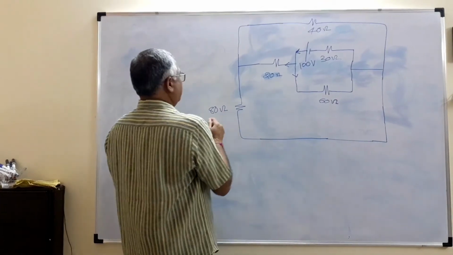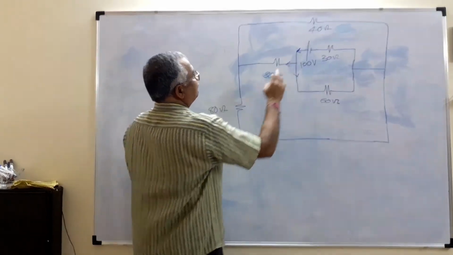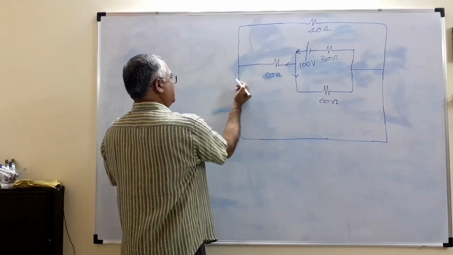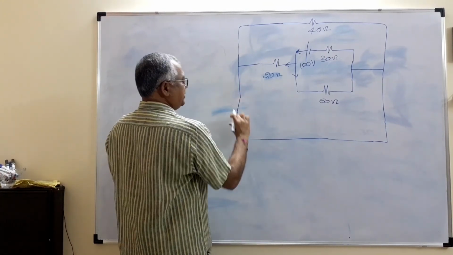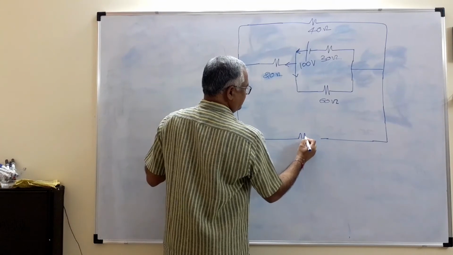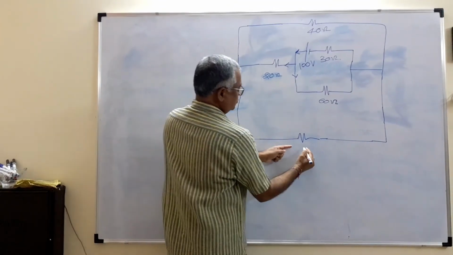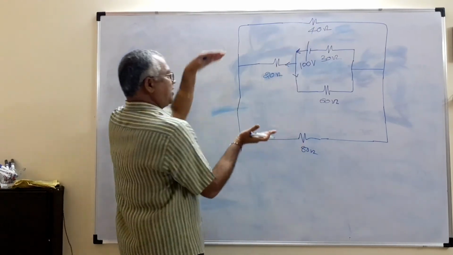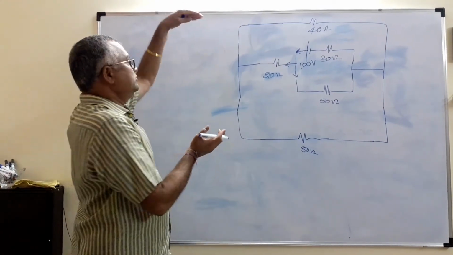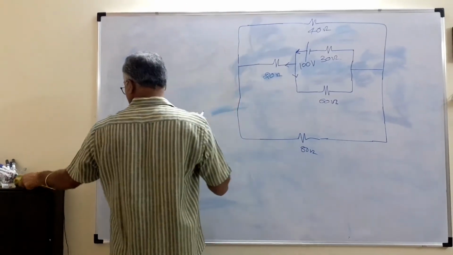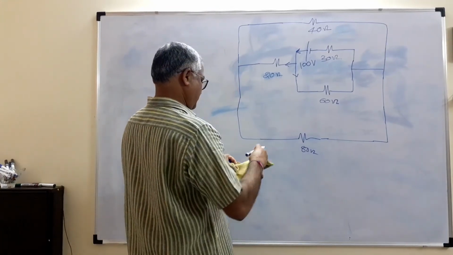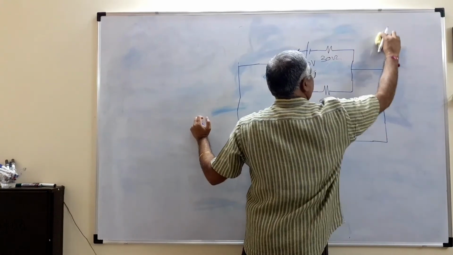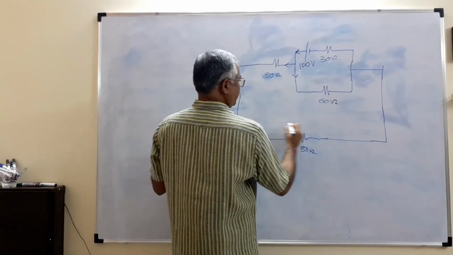So if you observe carefully, 40 and 80 are parallel, right? If you are not confident, this 80 I can draw here. This 80 I can also show here. Now 40 and 80 are parallel, clearly. So therefore, this 40 I am removing and connecting here.